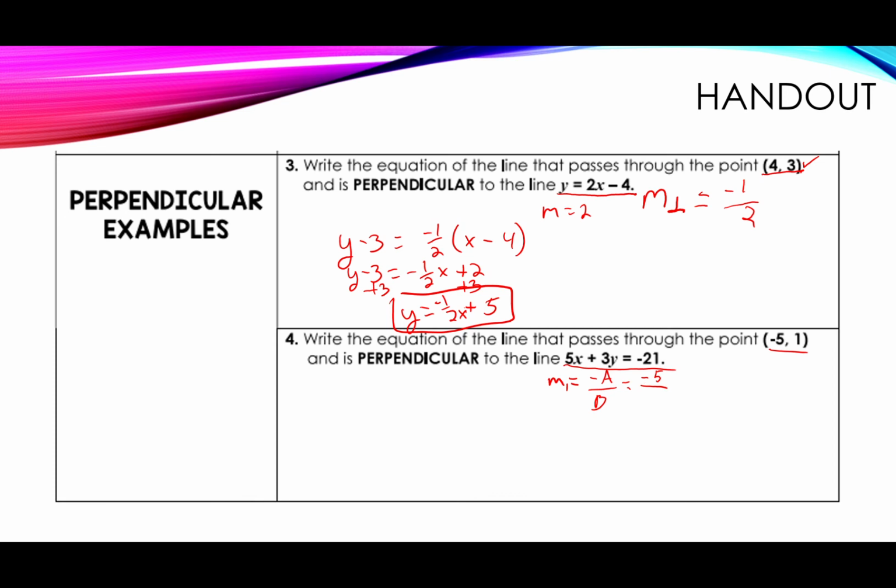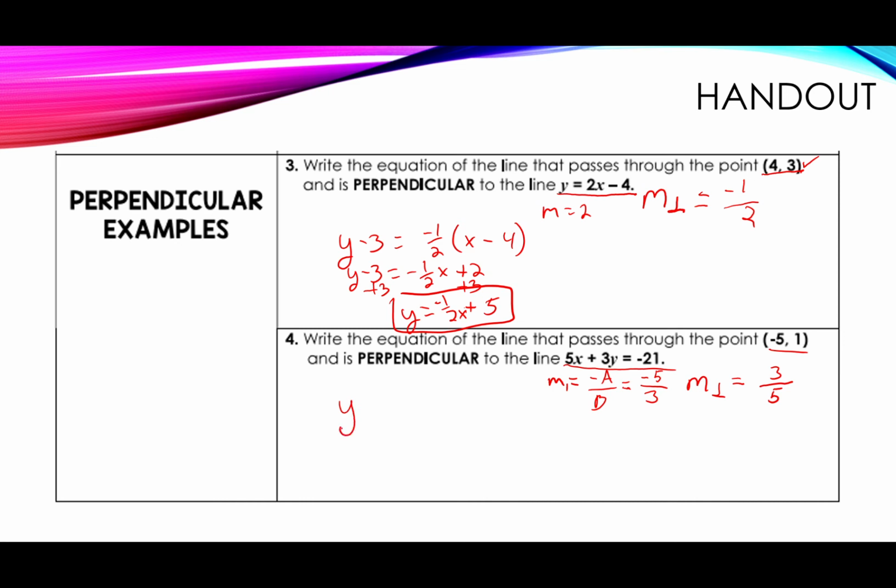I have a positive 3 for my b, so it's just negative 5 over 3. That's my original slope. So my perpendicular slope is the negative reciprocal. What is our negative reciprocal here? Well, hopefully you flip the fraction and then change the sign to get 3 over 5.